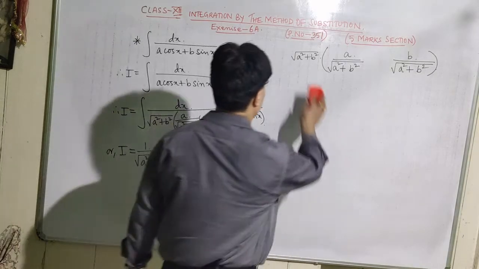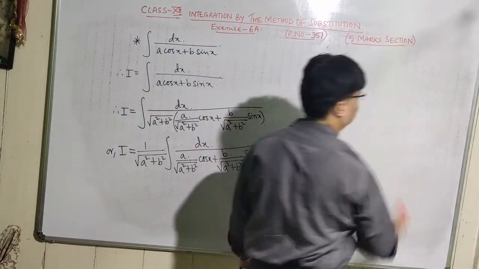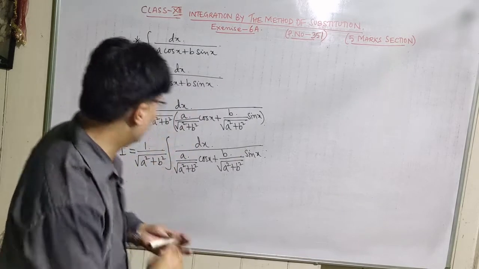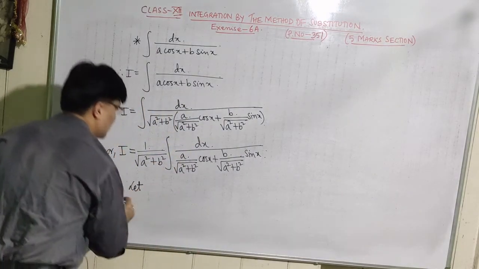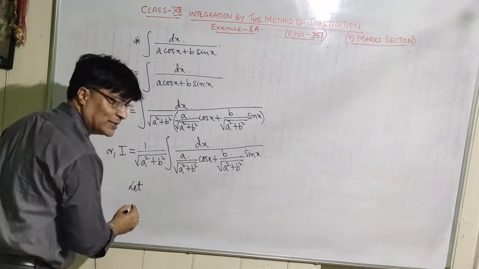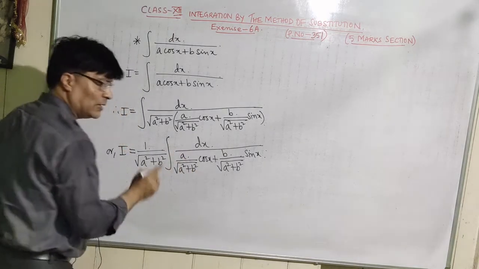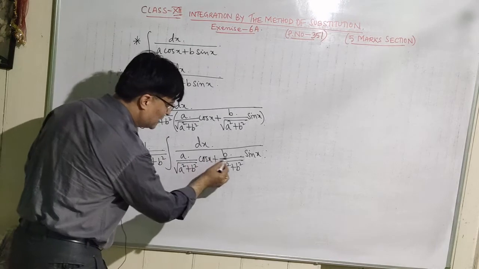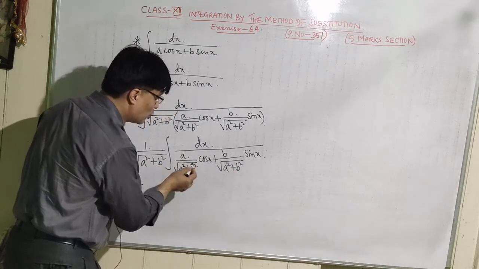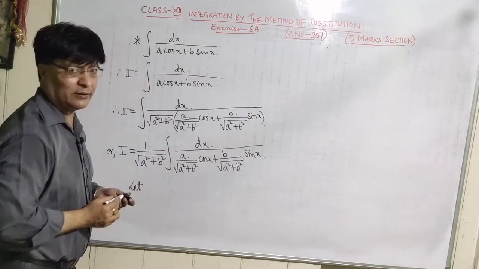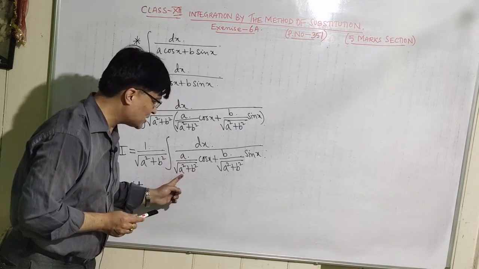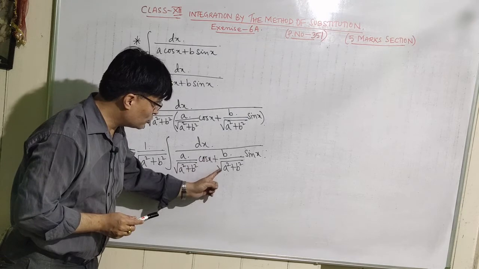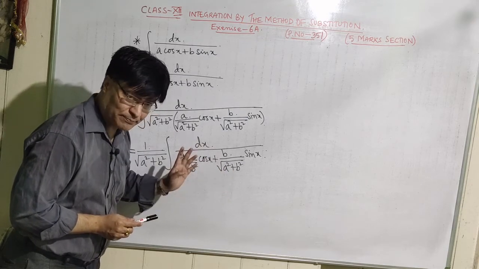So in this case, we can assume, let us assume a upon root over a square plus b square as sin theta and b upon root over a square plus b square as cos theta.